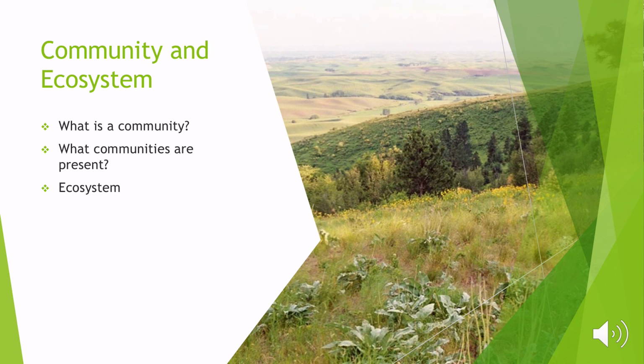Because of the previous factors, the community and the ecosystem at Kamiak Butte are able to be formed. Communities are a large group of organisms living in the same area having characteristics in common. There are communities of lichens, mosses, ferns, sedges, grasses, wildflowers, and trees that cover the butte.